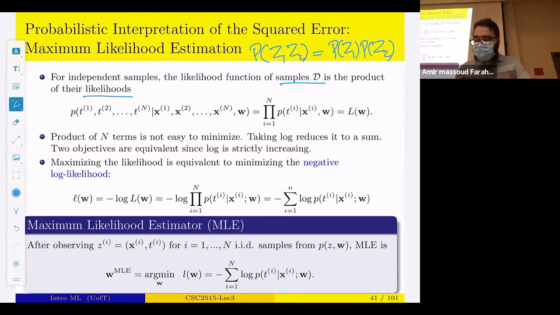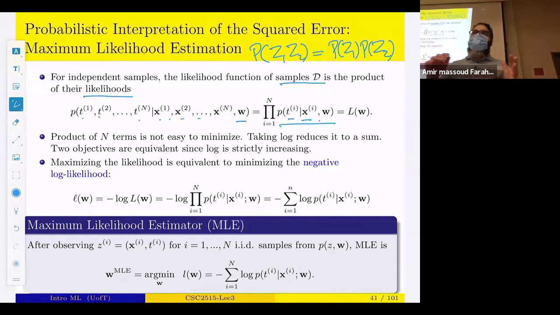So here is a conditional probability, but we are saying that the probability of T1, T2 to Tn, the targets, conditional on the inputs and the weight, is the multiplication of the probability of Ti conditional on xi and w. So w is shared, but we can decompose it into a multiplication of each of the probabilities. So this would be our likelihood function.